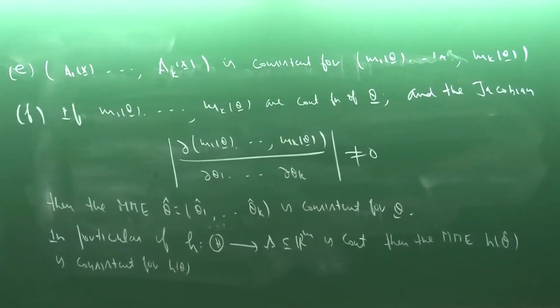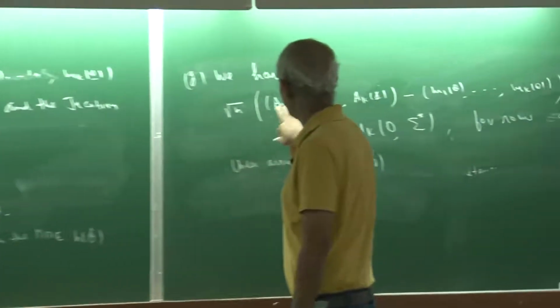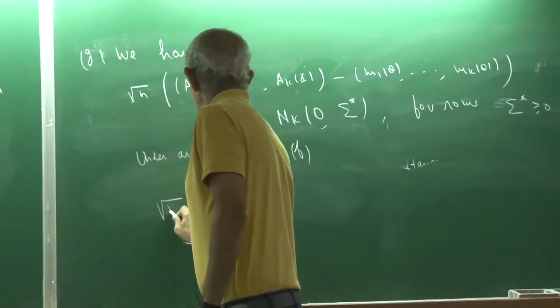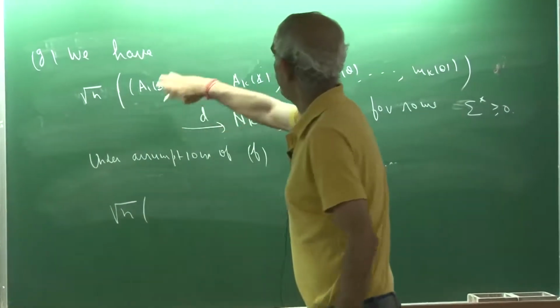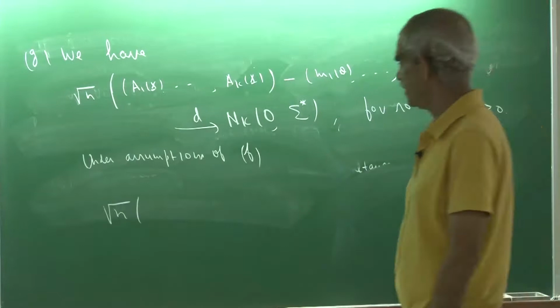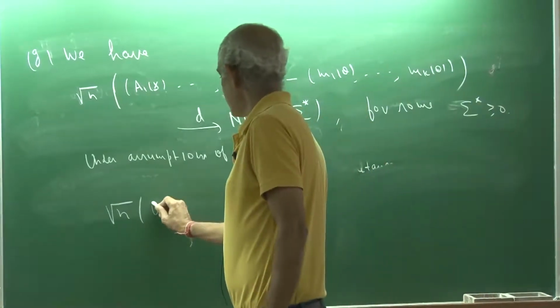What you will have? You can apply the delta method with H inverse of that, so root n times, when you apply the inverse of this, you get theta hat.